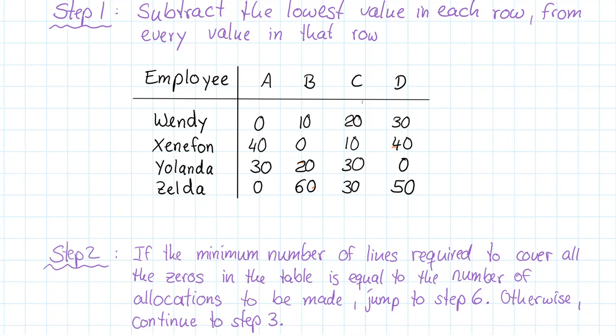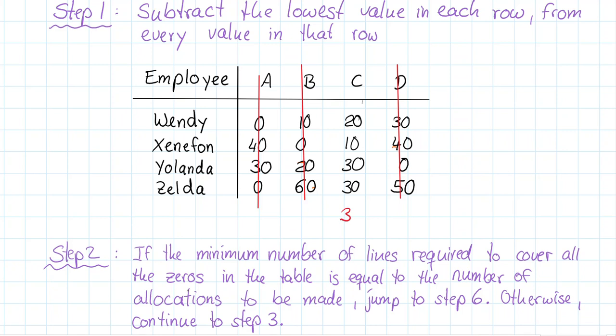We cover a 0 if we draw a line here. Cover 2 zeros actually. If we draw another line here, we're going to have that 0 covered, and we can draw another line here.